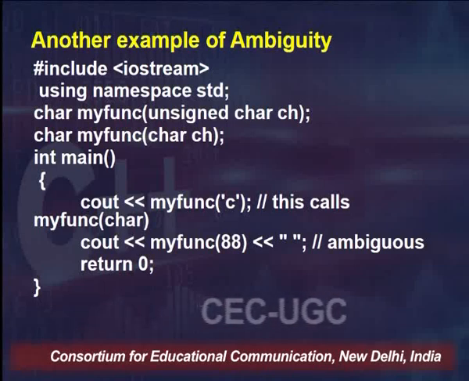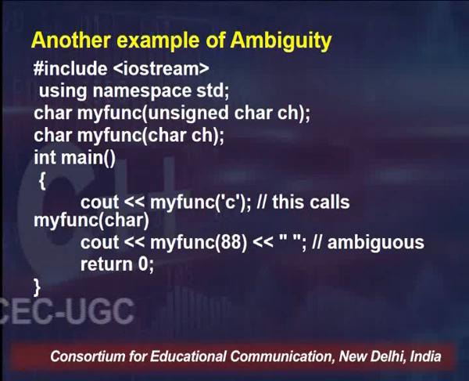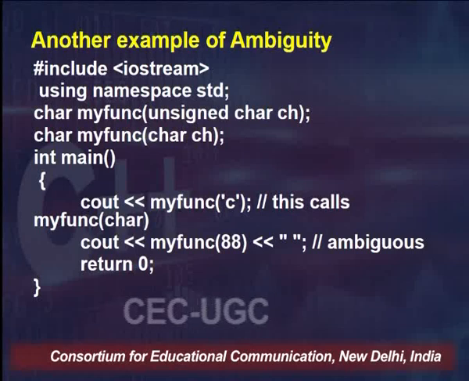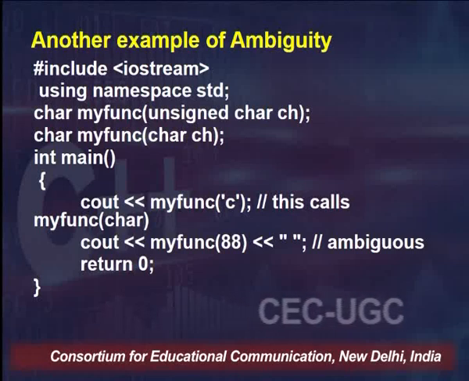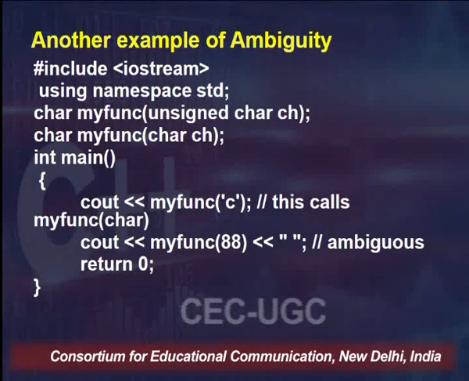One is having an unsigned character and another one is having a signed character. So the name is similar, the return type is similar, and the only difference is that one function has the parameter unsigned char, another function has the parameter char.